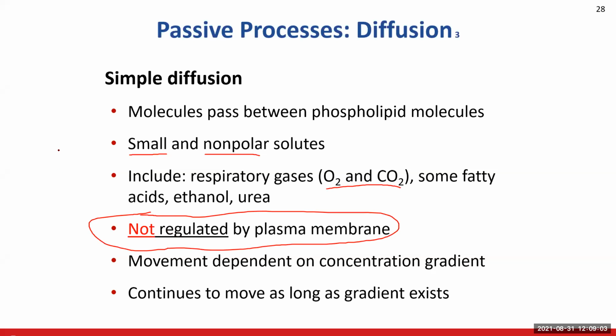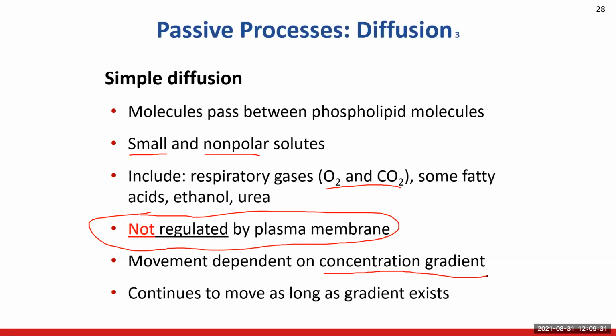The only thing that is going to regulate the diffusion is the existence of a concentration gradient. If there's an area of high concentration and low concentration, then we'll get the movement of those molecules. If there's no concentration gradient, if it's equal on either side of the plasma membrane, we're not going to see any movement occur because it's at equilibrium.